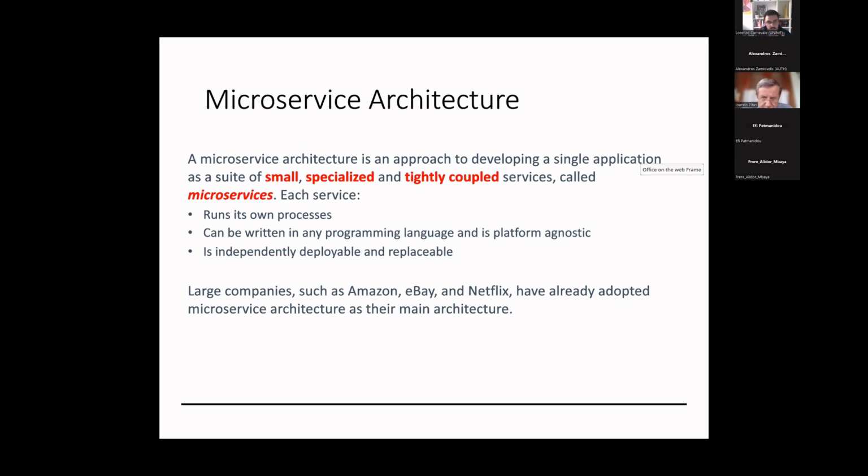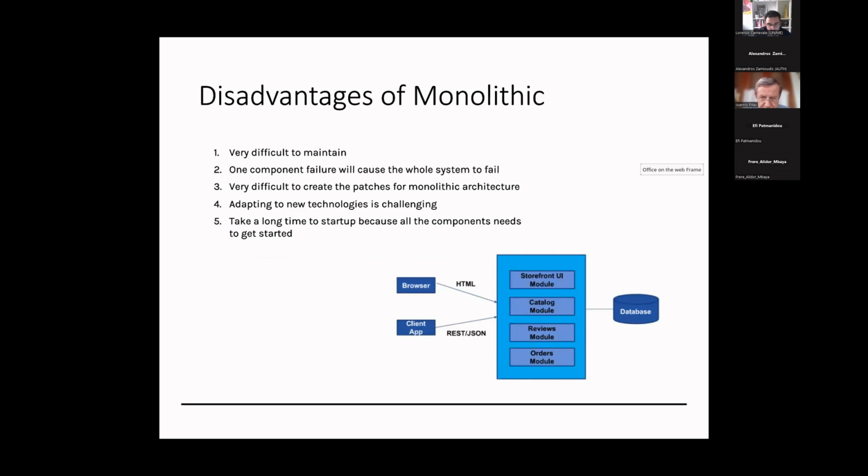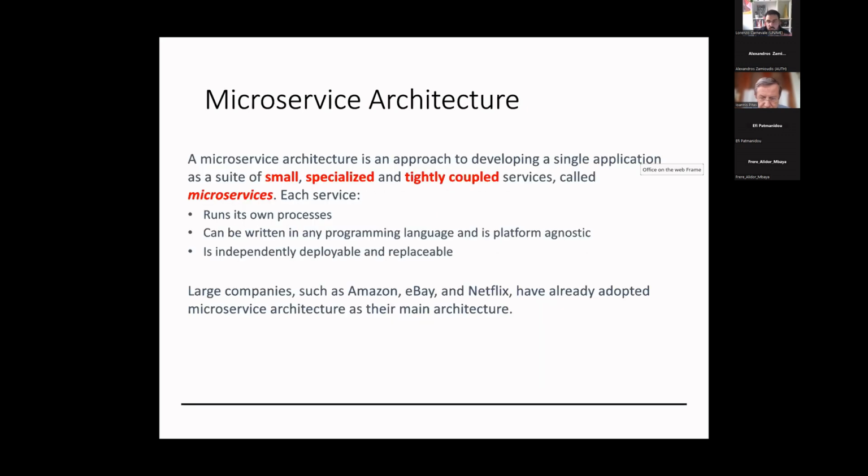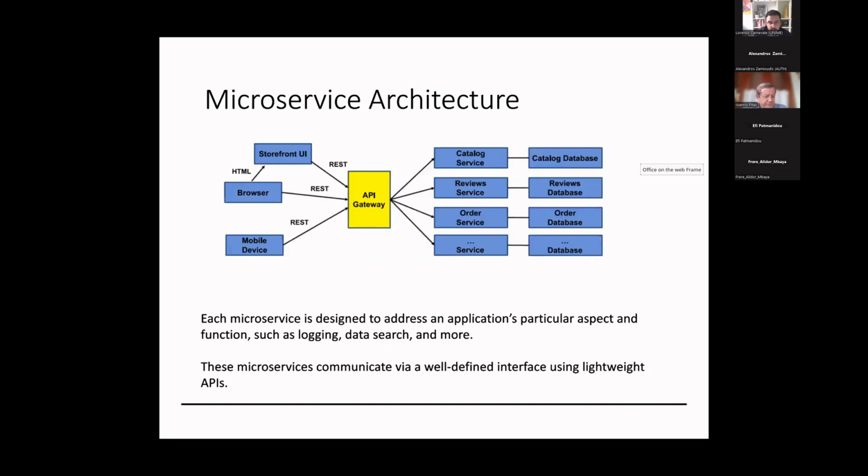Each service can run its own process, can be written with a different programming language, something that is not so easy in the monolithic approach. It is platform agnostic because I can deploy it on a Linux system or a Microsoft system, and it is the same. And it is independently deployable and replaceable.